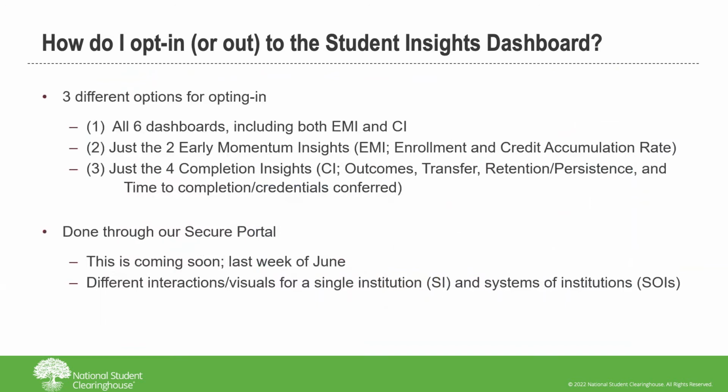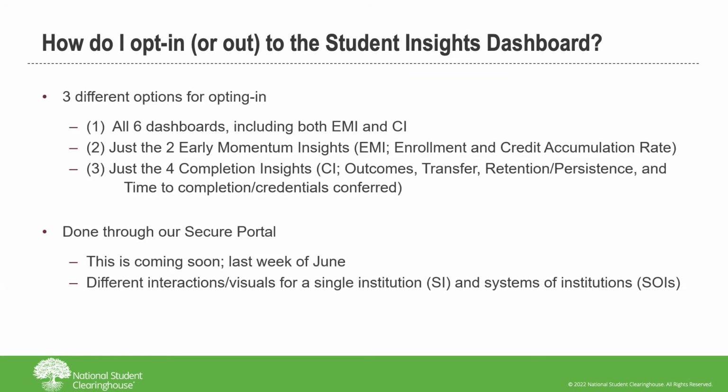So just like I was talking about before, we did these 2 broad categories of early momentum insights and completion insights. There are 2 early momentum insights dashboards and 4 completion insights dashboards. That's the same functionality for how you can opt in to this.